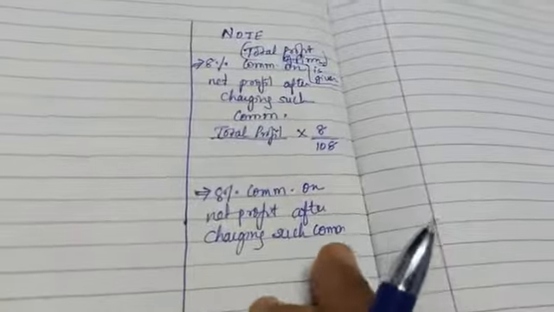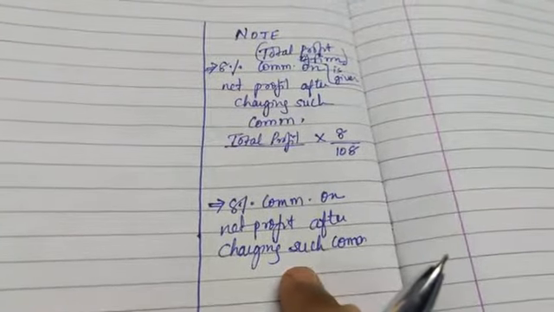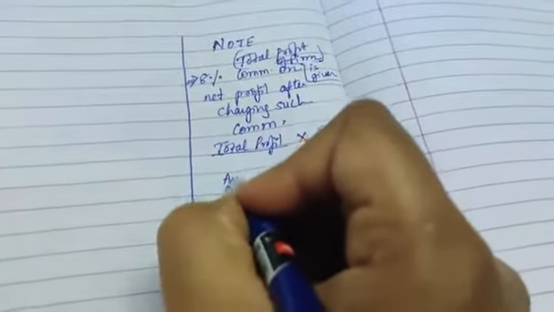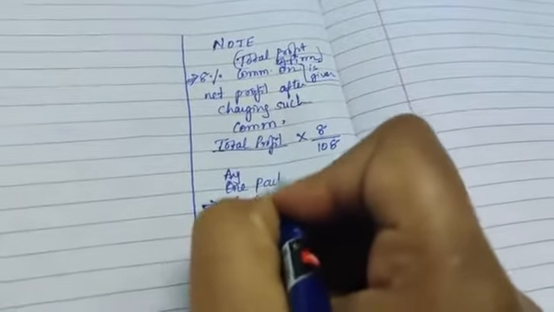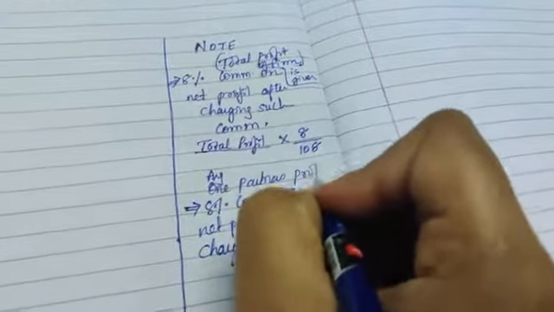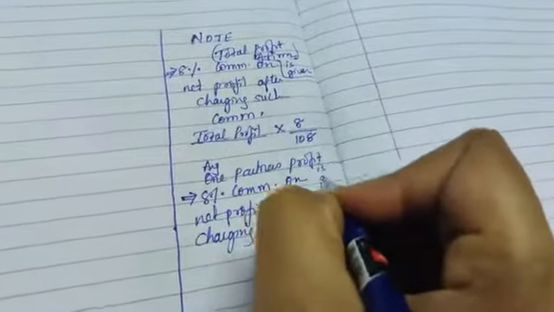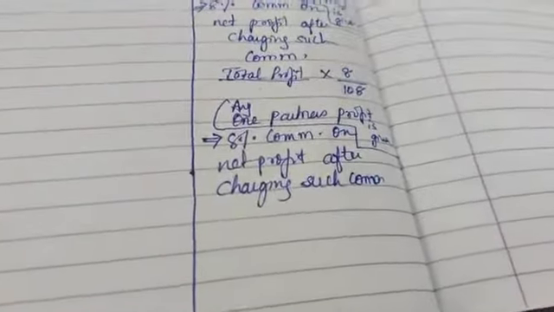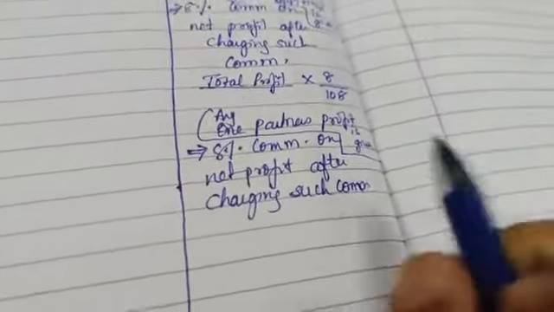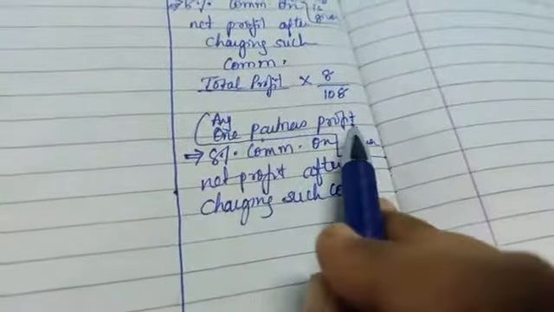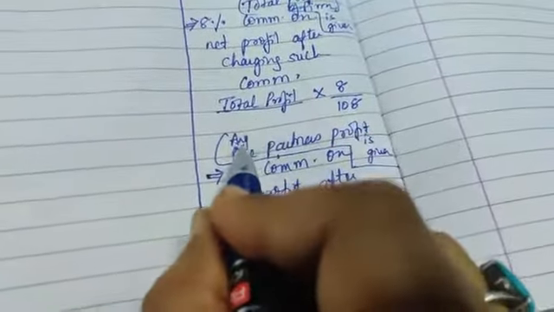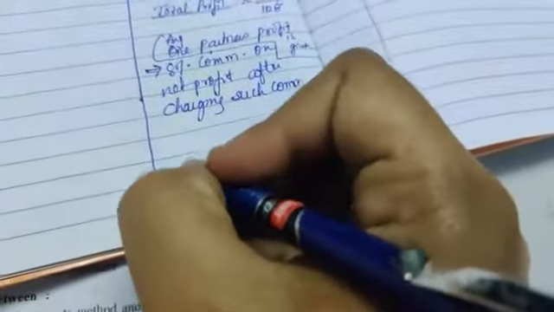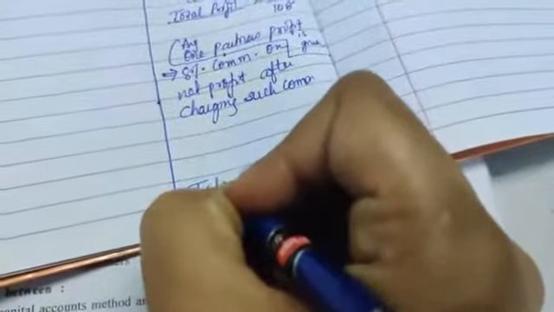But here the total profit of the firm is not given, only any one partner's profit is given. When that is the case, from one partner's profit you will find out the total profit.